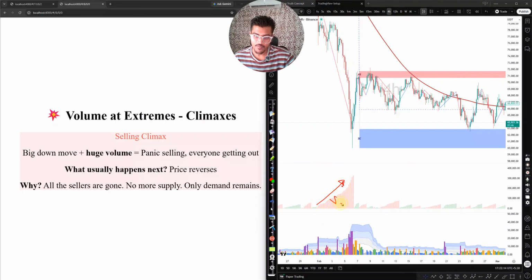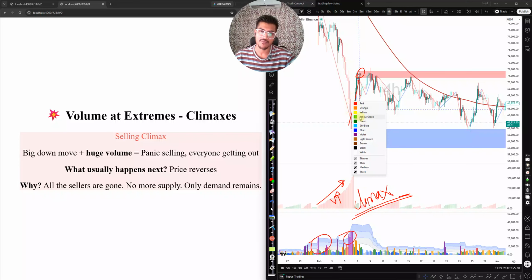Very high volume. So this is your volume climax, and here, this is your selling climax. Very high volume, you see. And then after that comes your automatic rally. After this automatic rally comes, your range gets established.